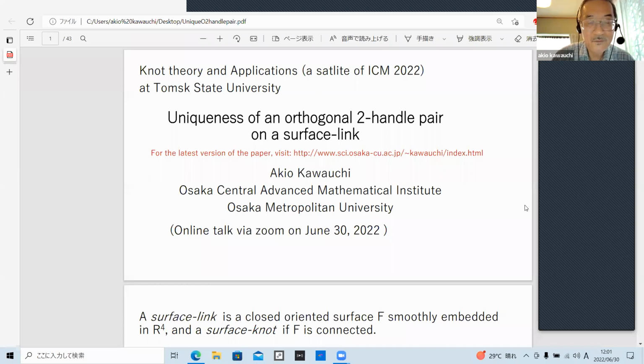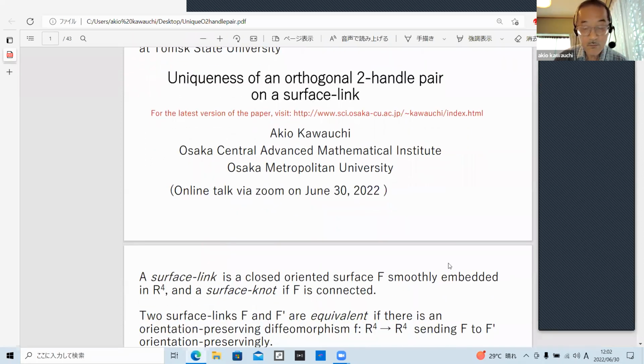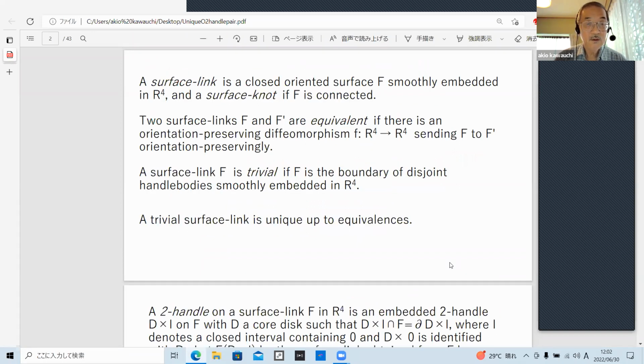So I will talk about surface link theory. A surface link is a closed oriented surface F smoothly embedded in 4-space R^4, and the surface knot if F is connected.